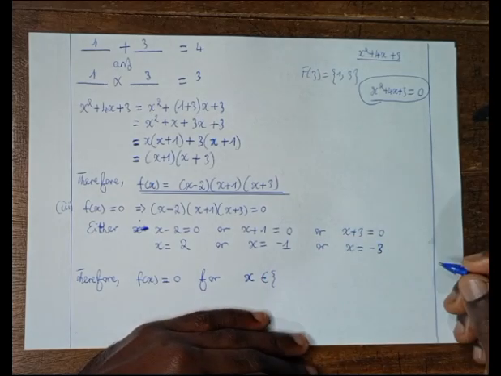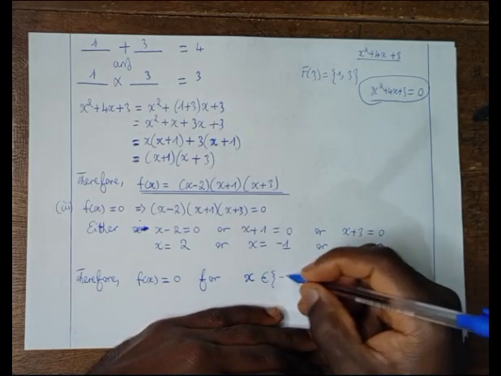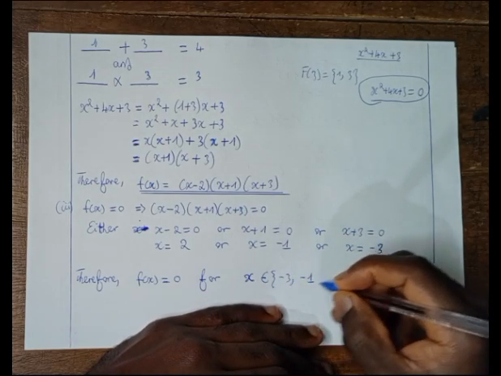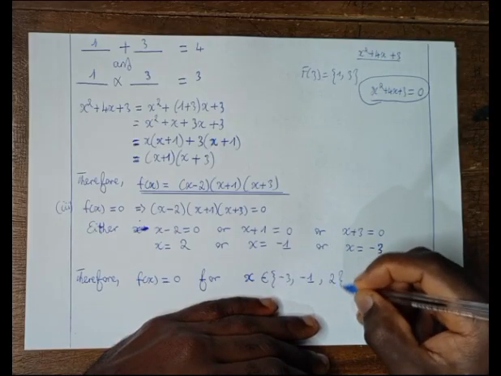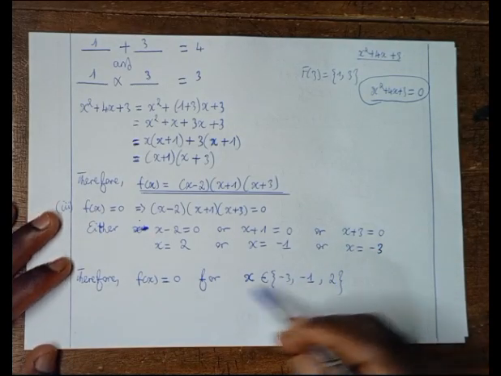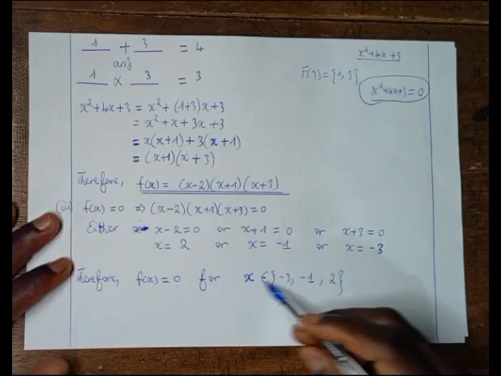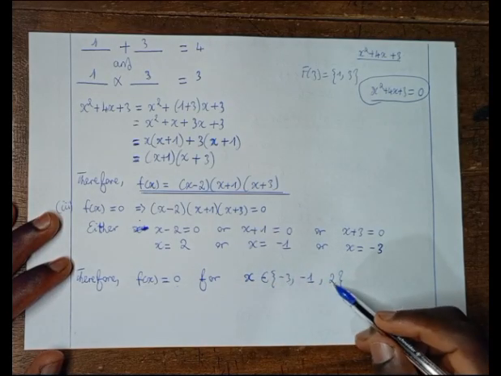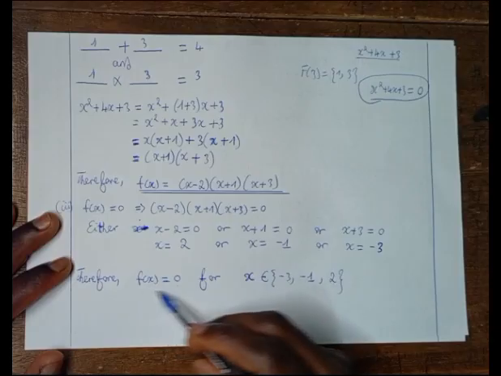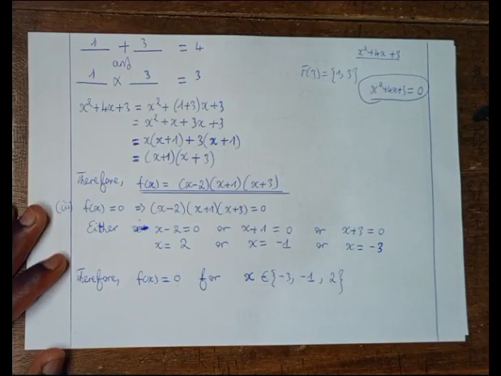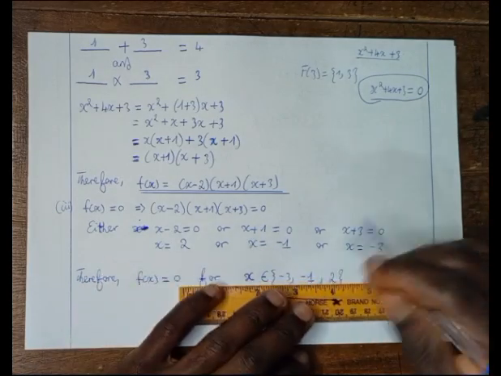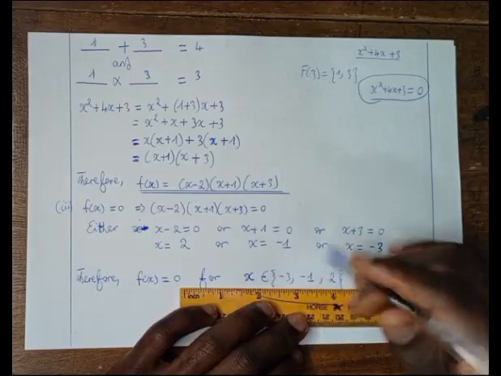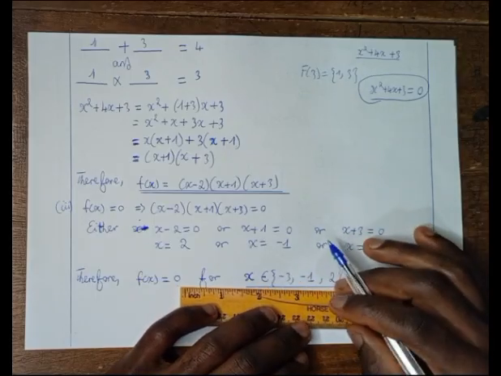You can write it as such: for x belonging to the set -3, -1, 2. That means if x takes a value of -3, f of x will be 0. If x takes a value of -1, f of x will be 0. If x takes a value of 2, f of x will be 0. So this is our solution set for this our polynomial f of x as such.